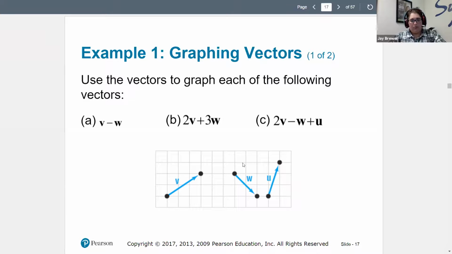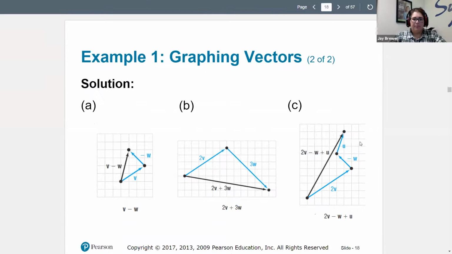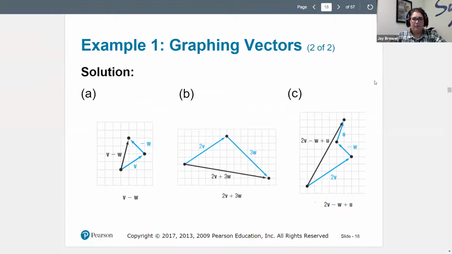So take a look at those vectors, how they're drawn, because then you're going to have to combine them to be able to find your solutions. You do not need to have a full-fledged answer. A vector is a vector. You're not always going to know what it represents. So that is your solution types.